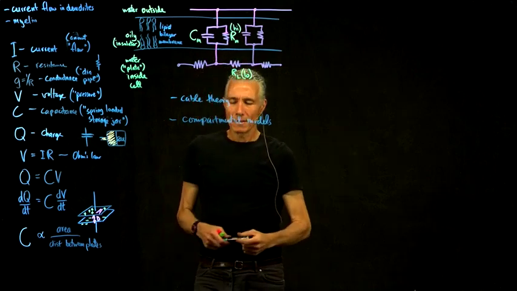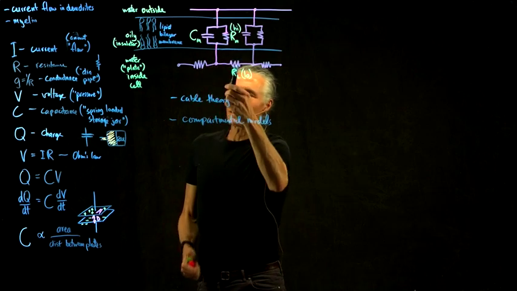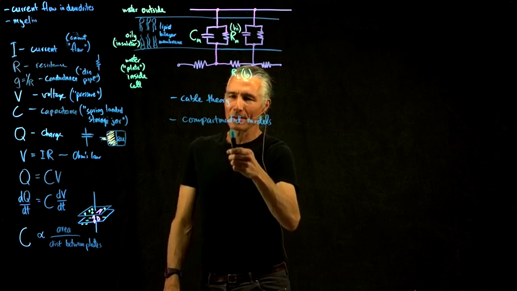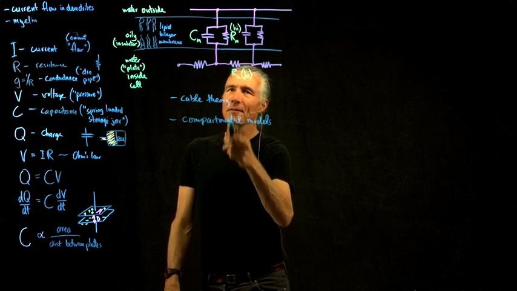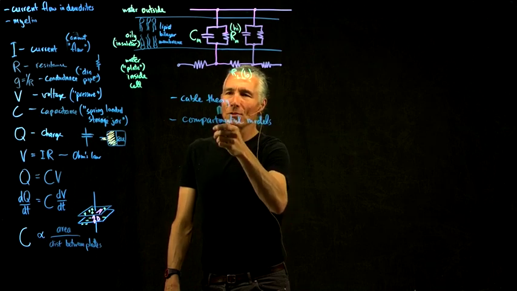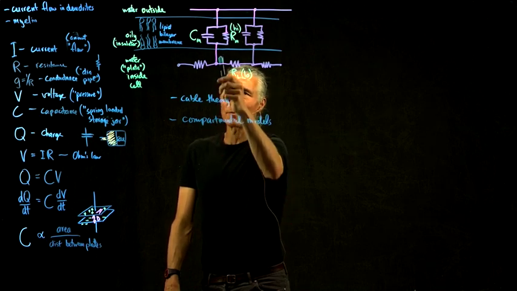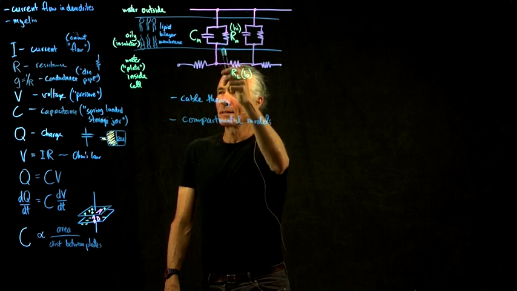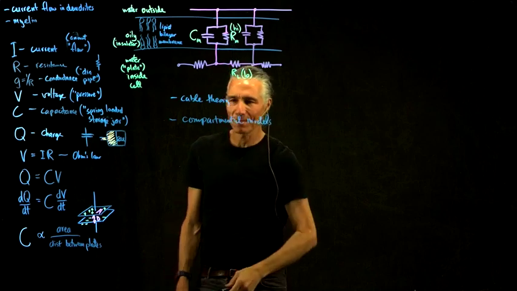So I've actually drawn a compartmental model there. That is a compartmental model of the dendrite, as opposed to a continuous model where we would have infinitely small blobs of capacitance and membrane resistance.